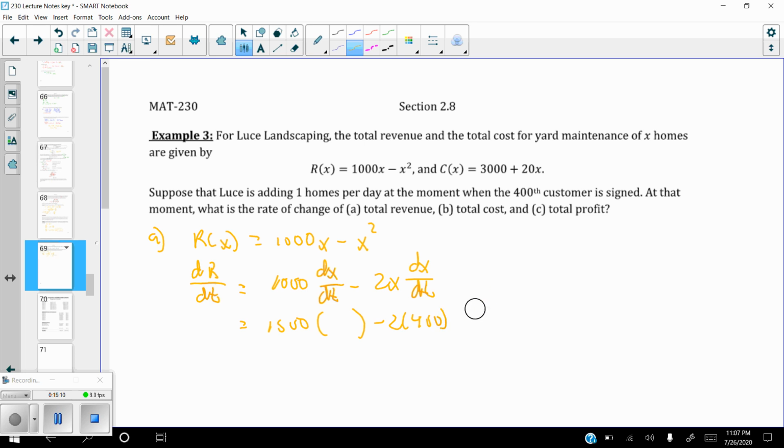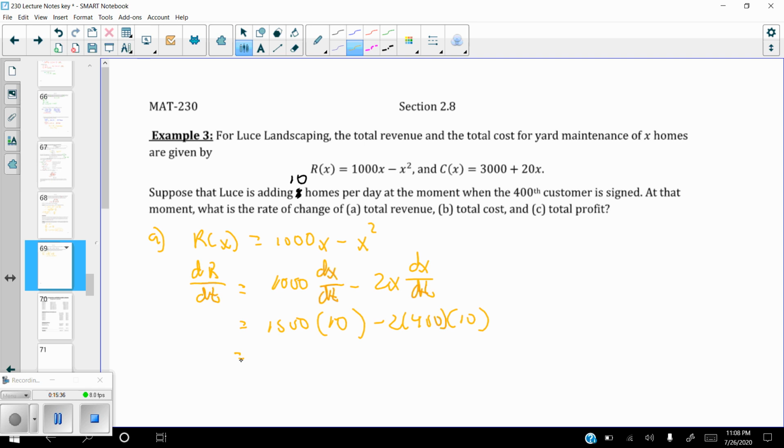I was getting ready to write dx/dt. We need to fill that in. And you know what? There's another typo here. Let's fix that real quick. This should actually be 10 homes per day. I was wondering why there was an s on the end of there for 1 home per day. It's supposed to be 10 homes per day. So fix that on your paper. I apologize. But then that tells us that we are changing by 10 homes. So that's got to be 10 dx/dt.